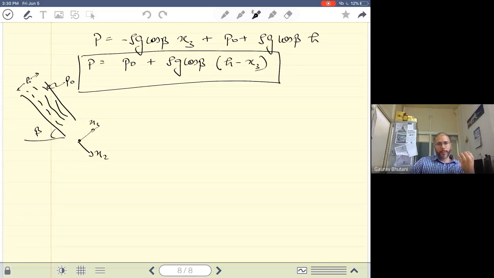And as you go down towards the bottom, we have a hydrostatic component. So the pressure increases as you go down in a water pool. In this case, the gravity only has a component along that direction of x3.